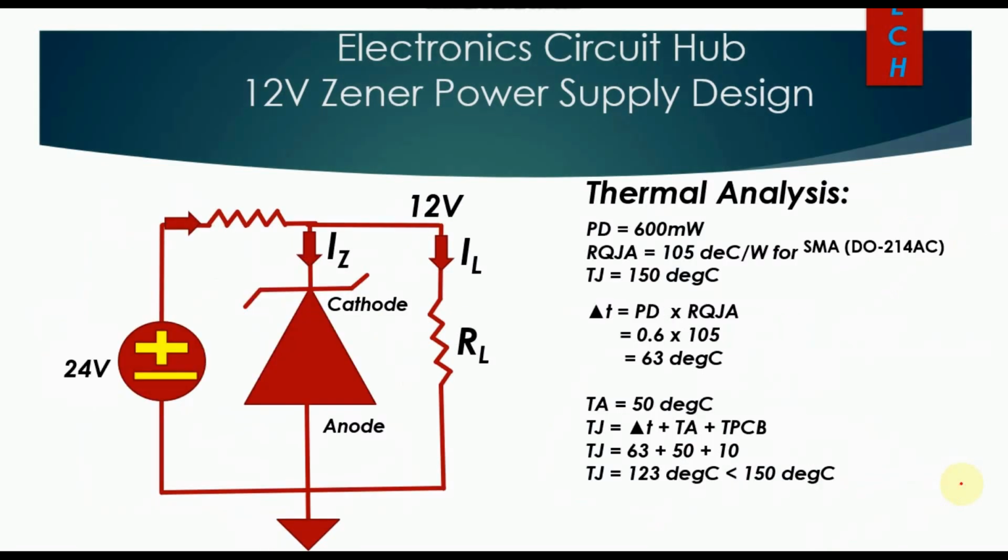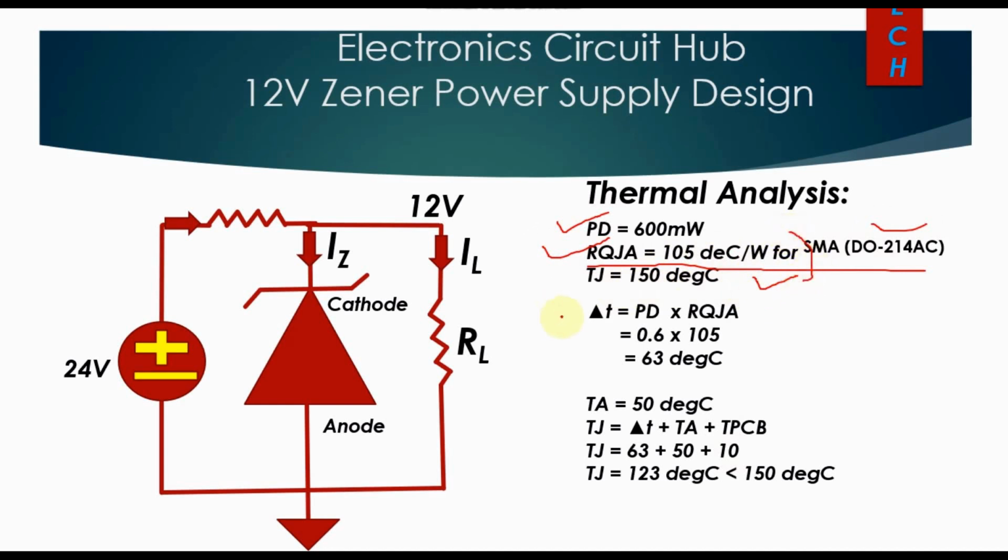Now I will do the thermal analysis for this circuit. Your power dissipation of the Zener diode is 600 milliwatt. Your R theta JA parameter is already given in the data sheet. For the SMA package, it is 105 degree centigrade per watt. Your junction temperature limit is 150 degree centigrade. These two parameters I have taken from the Zener diode data sheet.